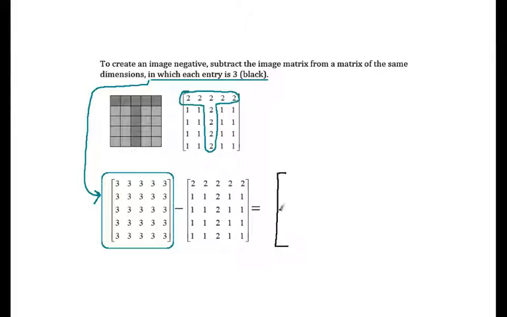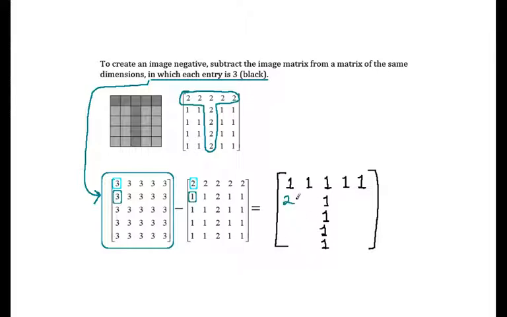This first entry here is 3 minus 2, which gives me 1. Now everywhere that I have a 2 in my image matrix, I'm going to end up with a 1, so I can see that I get a T shape made of 1s. Now I'm going to look at the other entries where I have a 3 in the original and a 1 in my image. 3 minus 1 gets me 2.